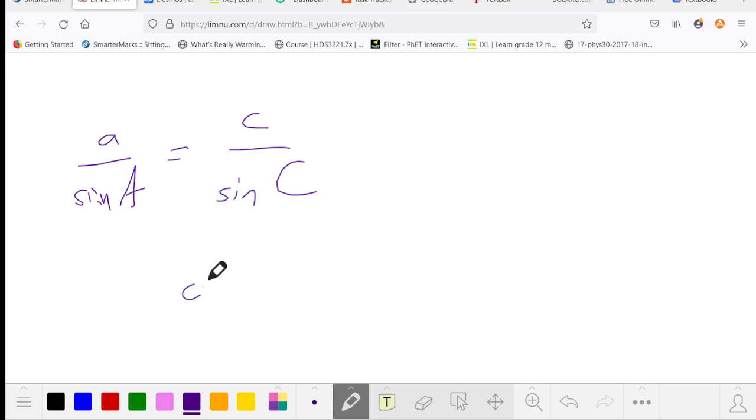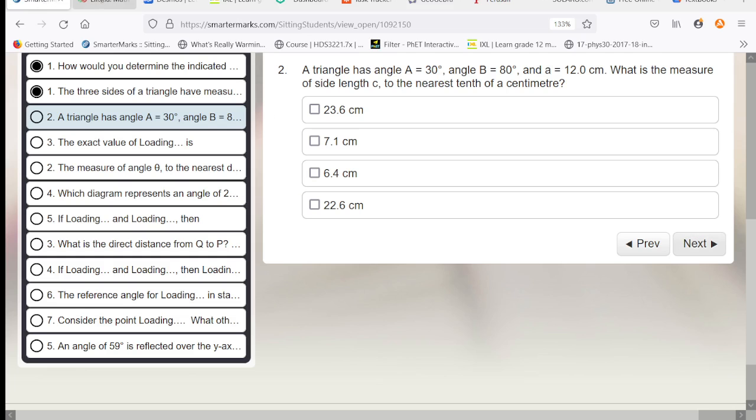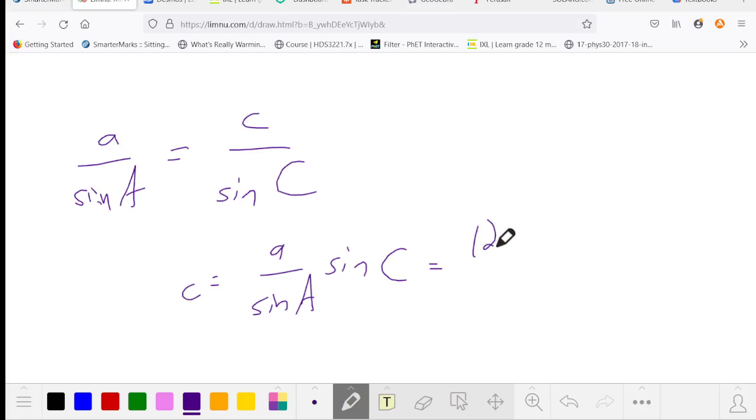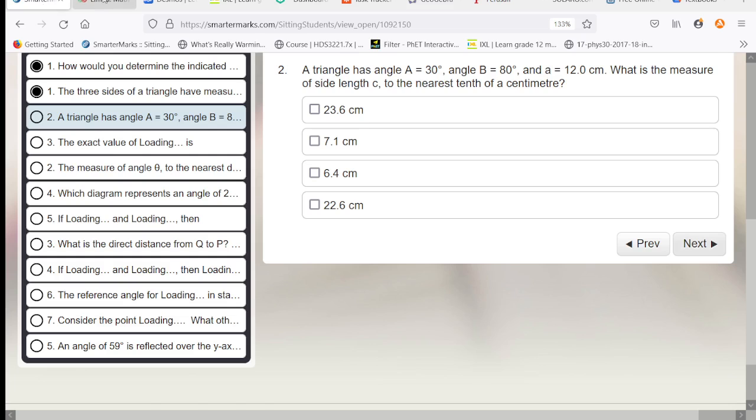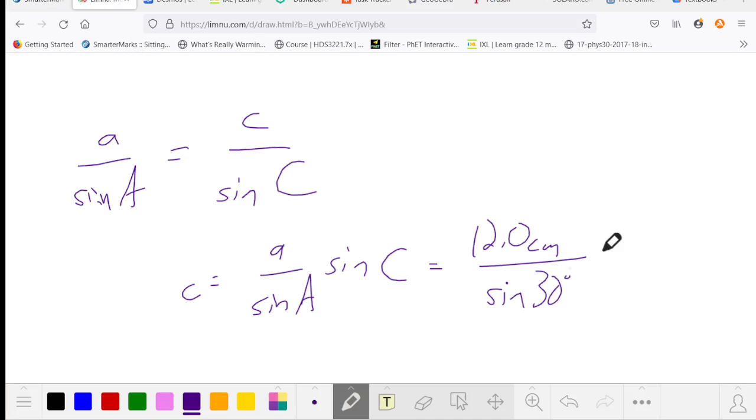So then, A over sine A equals C over sine C. So side C is A over sine A times sine C. And that is 12.0 centimeters all over the sine of 30 degrees.